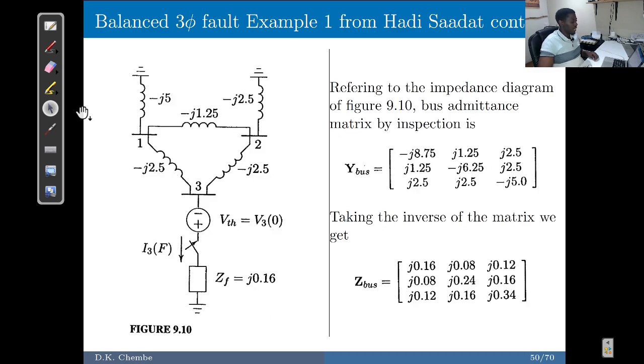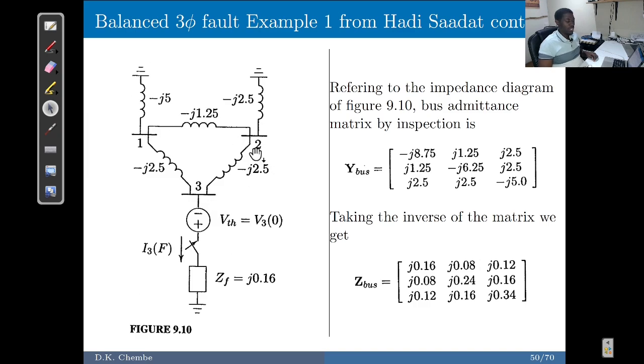Okay, so this is our admittances and the network. This is our Thevenin's voltage. This is our fault impedance, which is j0.16. And so we're looking at the scenario when the fault is applied on bus 3, on this bus.